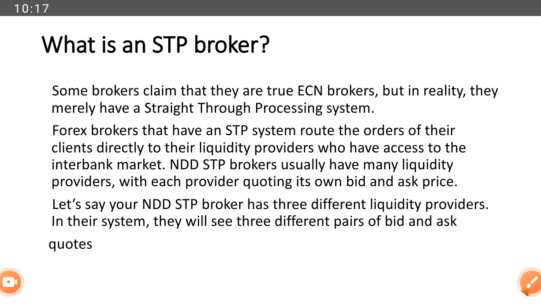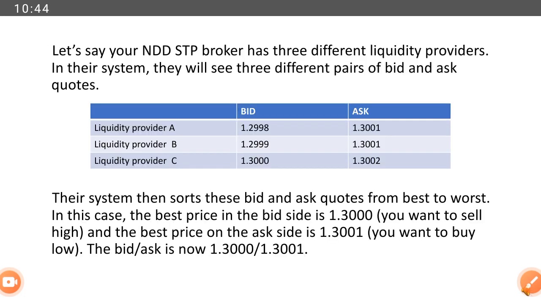NDD STP brokers usually have many liquidity providers, with each provider quoting their own bid and ask price. Let's say your NDD STP broker has 3 liquidity providers.